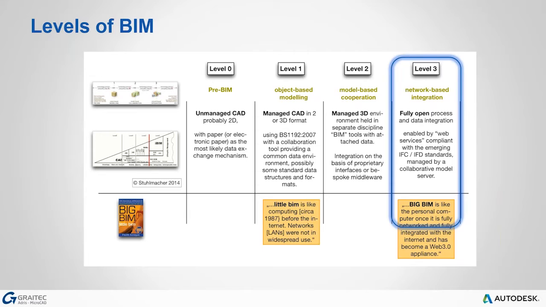All parties can access and modify that same model, and the benefit is that it removes the final layer of risk of conflicting information. Now this level 3 is also what's known as Open BIM.